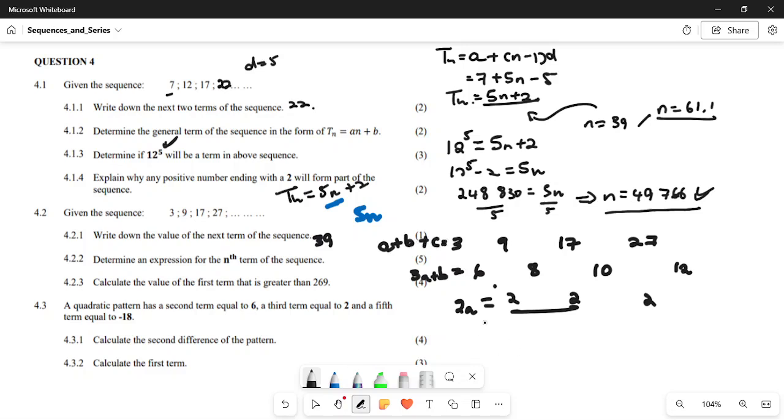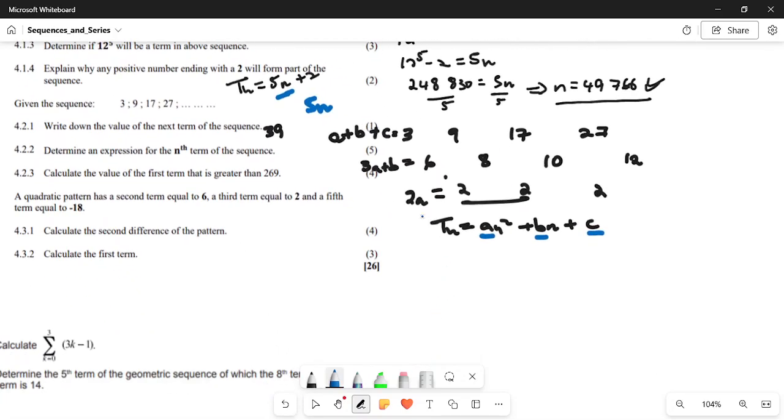This is just the standard way of how we find our variables a, b, and c, in an squared plus bn plus c. So currently our missing variables are a, b, and c.